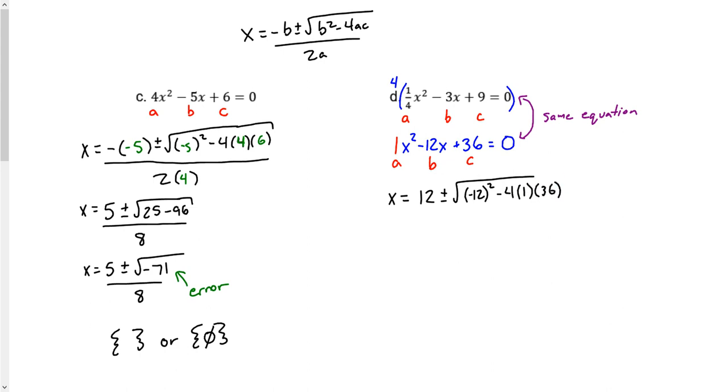So I should change those numbers just into some colored versions. 12, 1, 36, all over 2a.